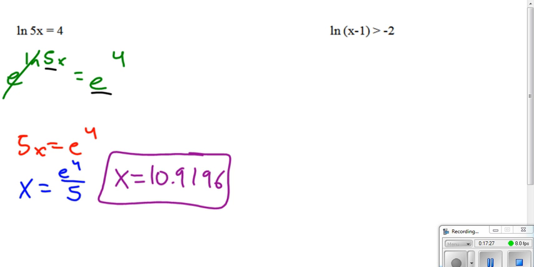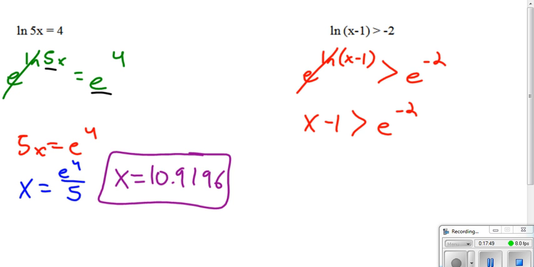So again, we do the same thing we would do with any equation, just making sure to follow the properties of inequalities. So I would do e to the power of both of these. e to the ln x minus 1 is greater than e to the negative 2. That makes these cross out, so we just have x minus 1 is greater than e to the negative 2.